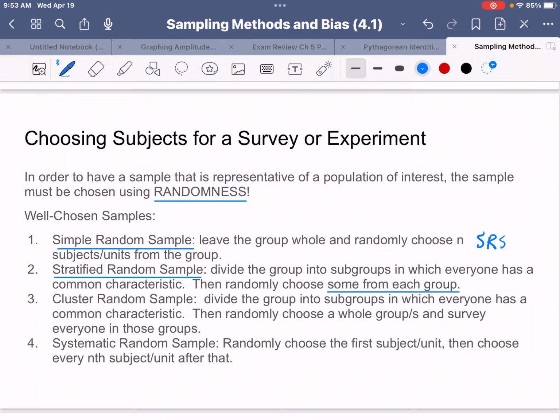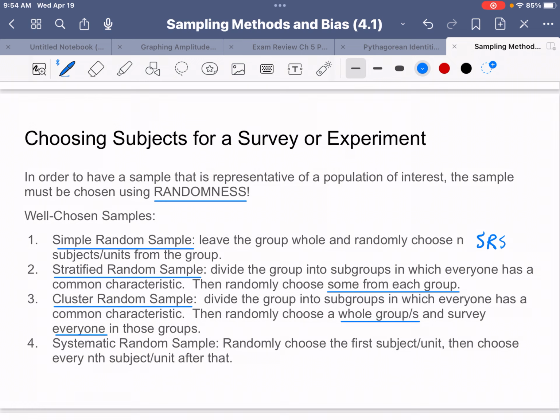Then you have the cluster random sample, which is also divide the group into subgroups in which everyone has a common characteristic, but then you're going to randomly choose a whole group or a couple of groups, and you're going to use everyone in that group or groups.